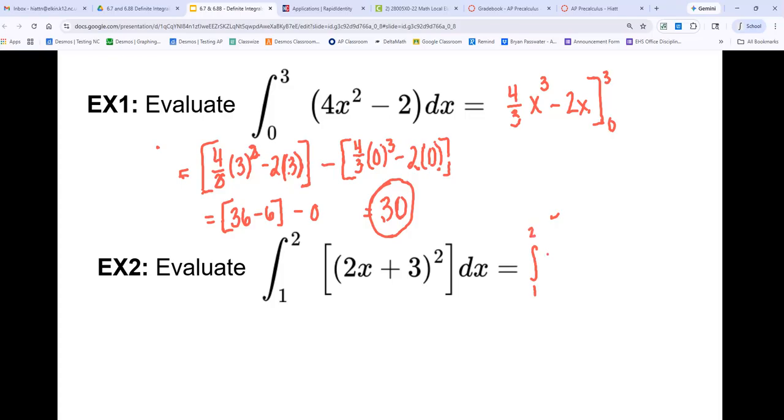I have not integrated yet. I'm just expanding. For this, we're going to square, or write it twice. 2x plus 3 times 2x plus 3. So I'll get 4x squared plus, I'm going to multiply 3 times 2 is 6, and double it. I get 12x, and then square the last.